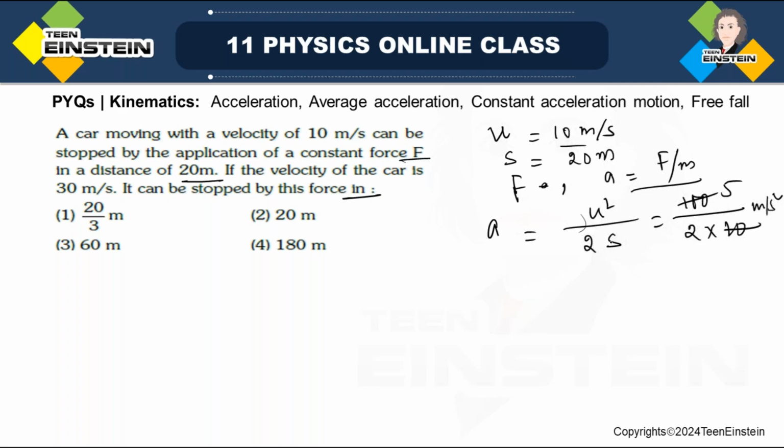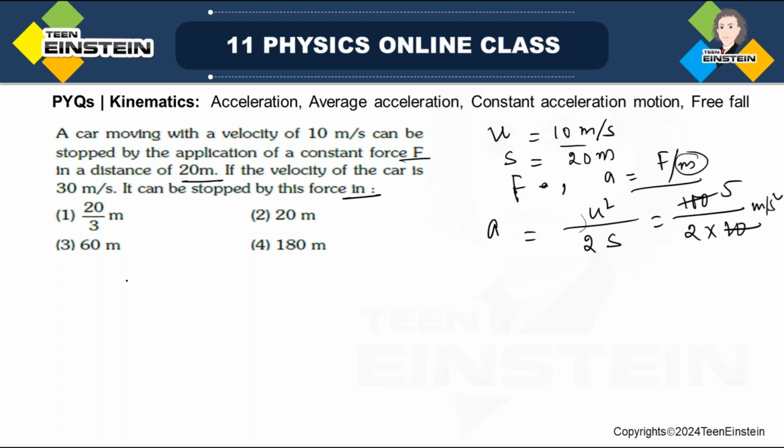So we got the acceleration, which is F by m. If I know the acceleration, then we know the force also. Okay, that is fine. So same body, same car, therefore acceleration and force I can take as same.